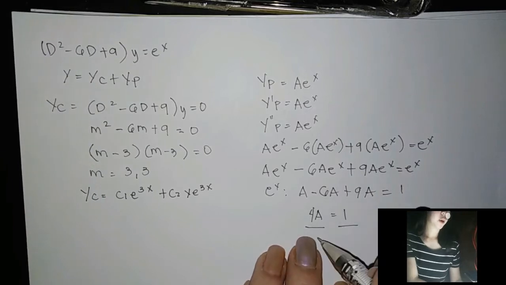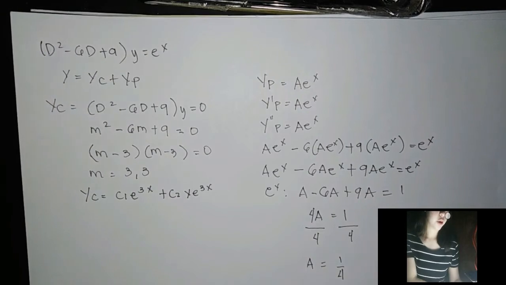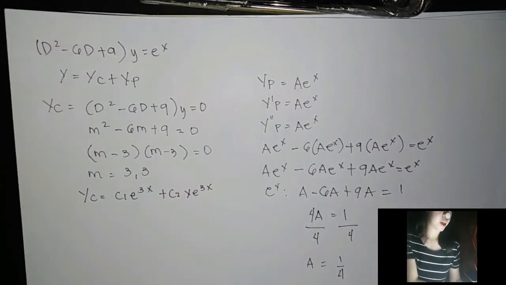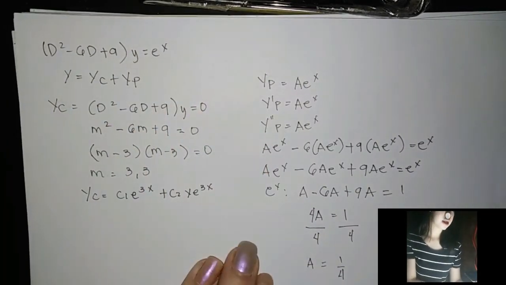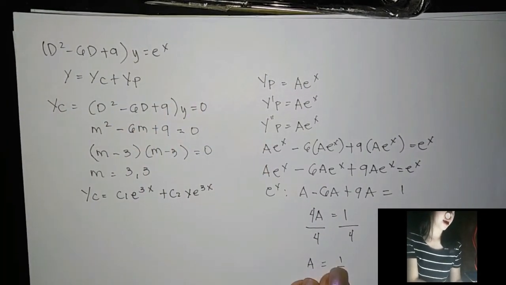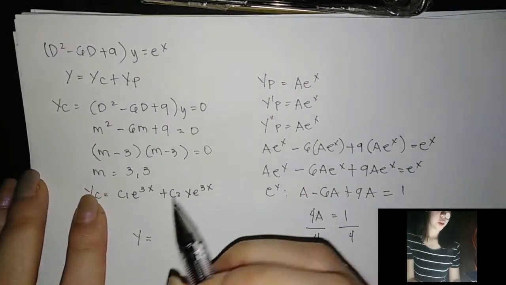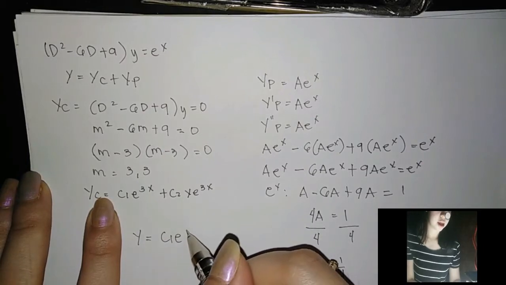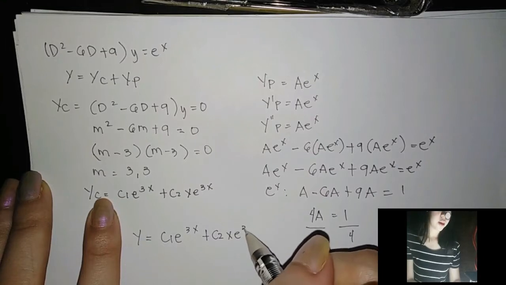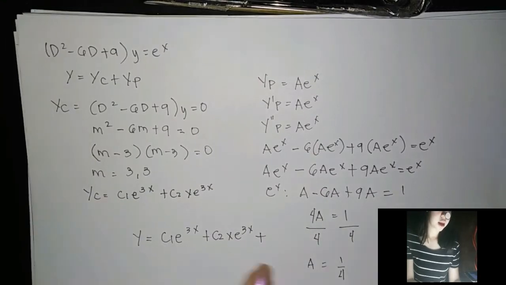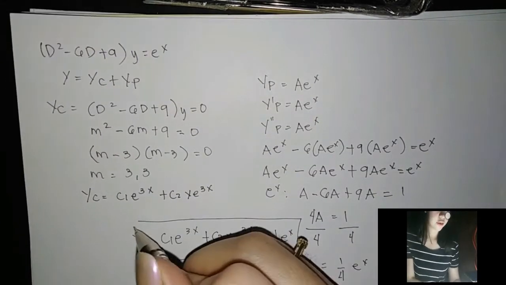So, divide natin both sides by 4. So, ang a natin is equal to 1/4. So, substitute natin sa yp. So, para makuha natin yung final answer niya, kailangan nating pagsamahin yung yp at yung yc. So, y is equal to yc, c1 e raised to 3x, plus c2 x e raised to 3x, plus 1/4 e raised to x. So, this is the final answer.